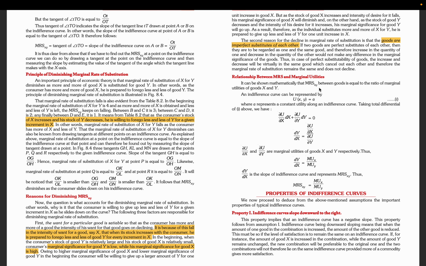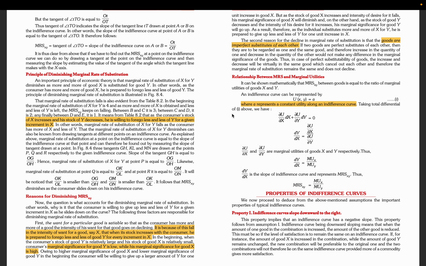Relationship between MRS and marginal utilities. It can be shown mathematically that MRS between goods is equal to the ratio of marginal utilities of good X and good Y. An indifference curve can be represented as U(X, Y) = A, where A is a constant utility along an indifference curve. This A basically shows that utility is constant along that indifference curve.